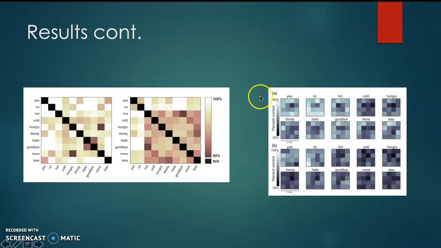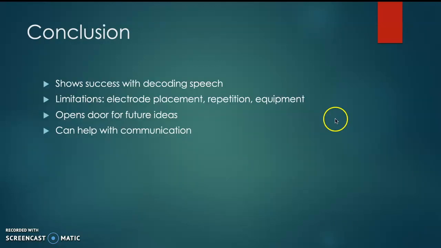So for this one on no, it was the top row 3 over. It was the most accurate right there on that position on the 4x4 electrode.